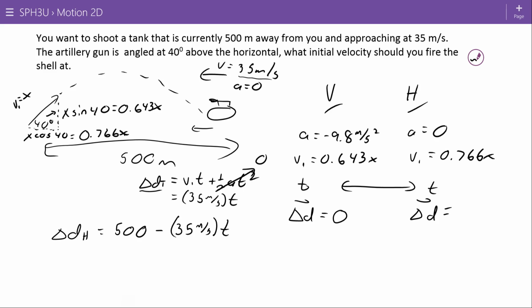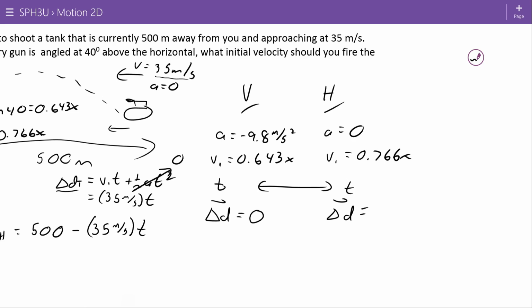Again, the tank is coming towards you, so if it was 500 meters away, as it moves towards you, the distance between you and it is decreasing by that 35 meters per second times time. So with that in mind, that is the horizontal distance that I want this projectile to travel.